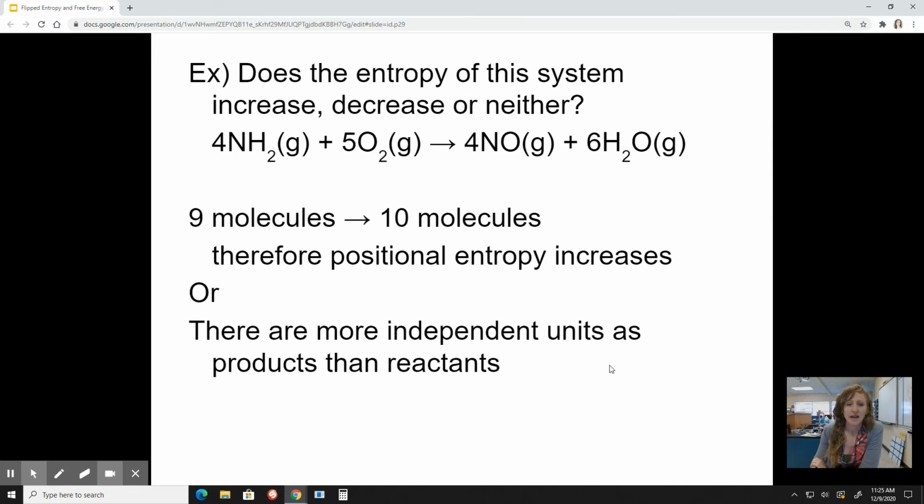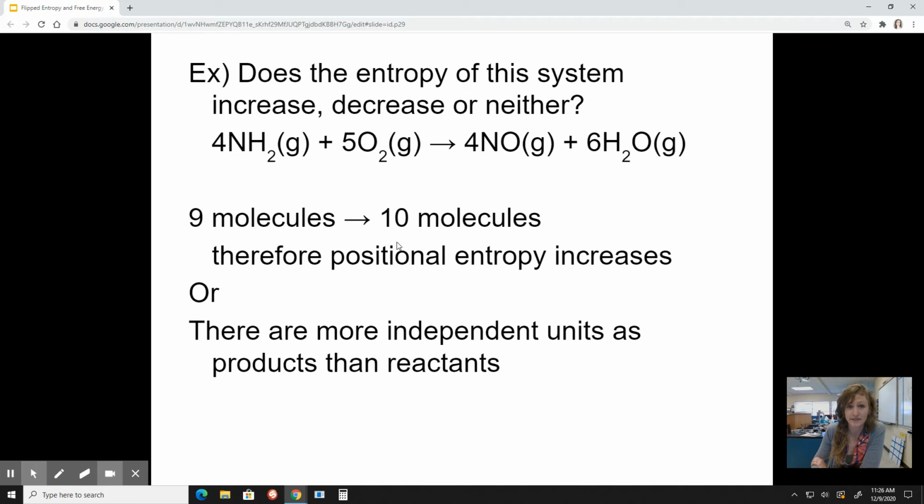Okay, does the entropy of this system increase, decrease, or neither? So this is more of what we practiced before. We're going from 9 molecules on the reactant side to 10 molecules on the product side. Positional probability is going to increase.